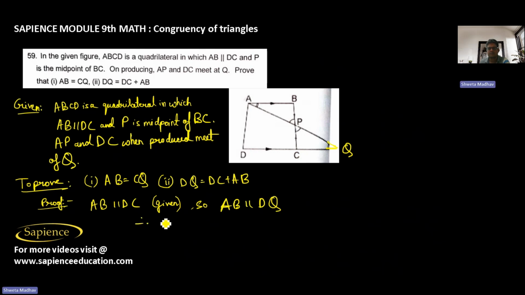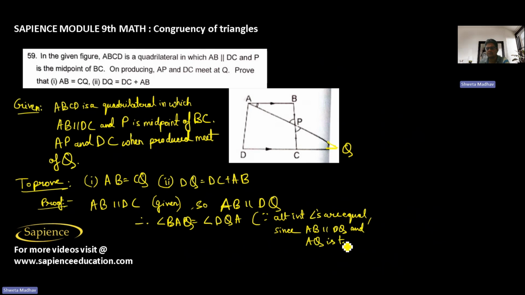Therefore, we can say that angle BAQ is equal to angle DQA, since alternate interior angles are equal, since AB is parallel to DQ and AQ is the transversal.